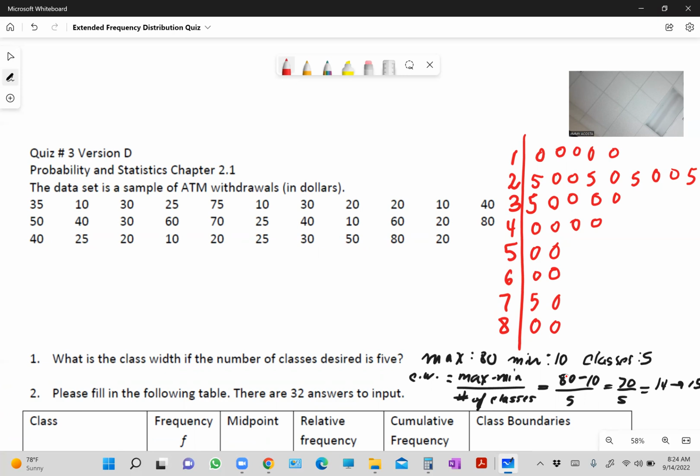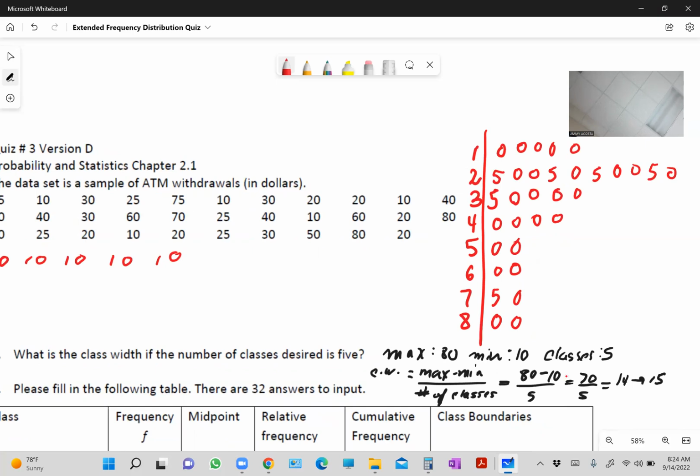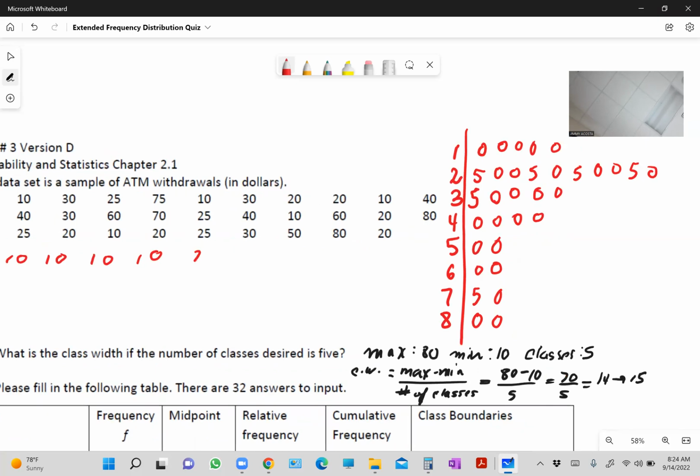All right. How many 10s do we have? 1, 2, 3, 4, 5. How many 20s do I have? 1, 2, 3, 4, 5, 6. But I have 1, 2, 3, 4, 5s.